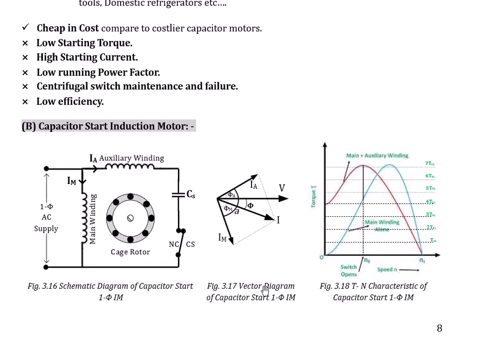So this is the vector diagram. You should always focus on the vector diagram; it gives much information. You can see that here we have the voltage as a reference.